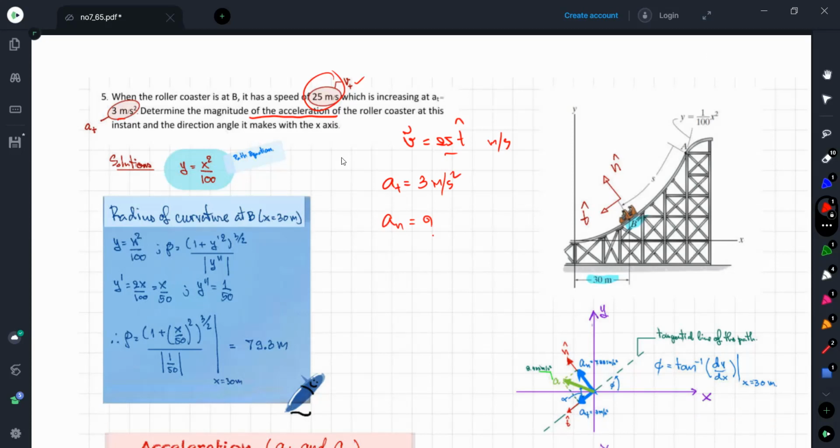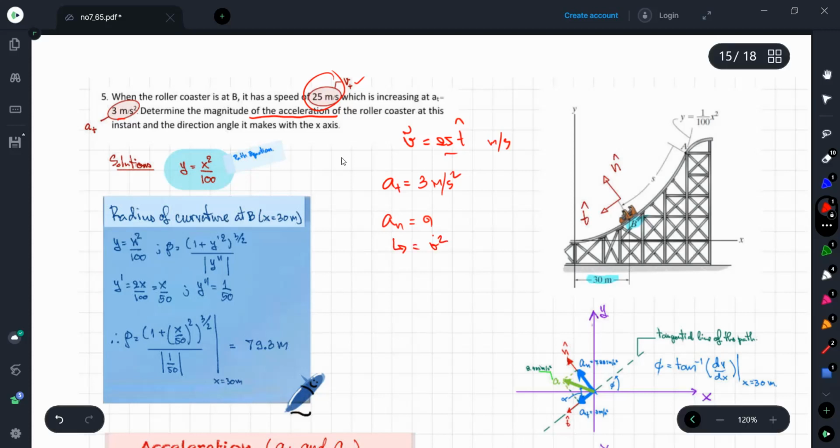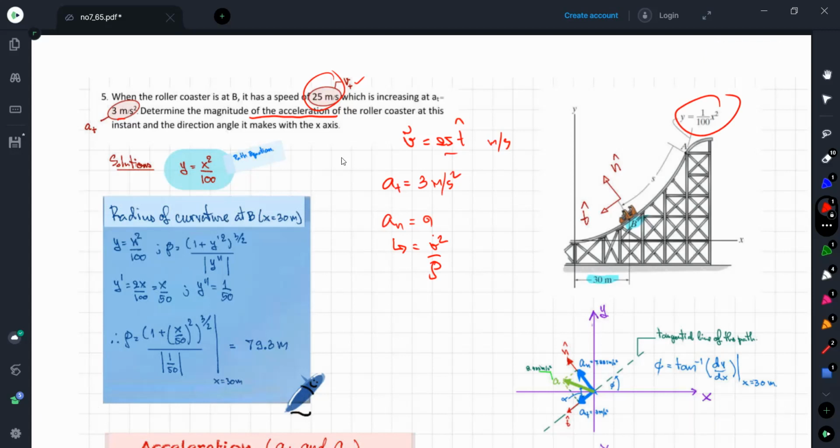For the normal and tangential coordinate system, an is equal to v squared over rho, where rho is the radius of curvature. We also have the path curve, y equal to x squared over 100.